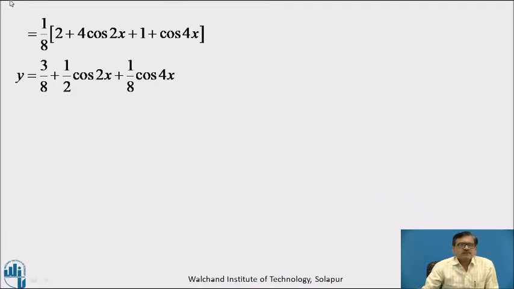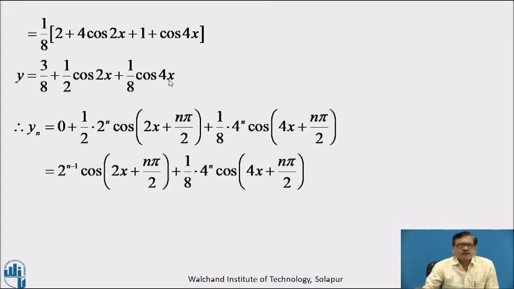And by simplifying we can write 1/8 into (2 + 4 cos 2x + 1 + cos 4x), which is equal to 3/8 + 1/2 cos 2x + 1/8 cos 4x.